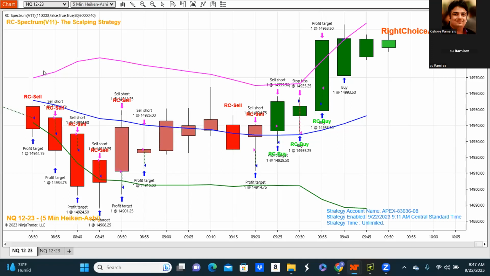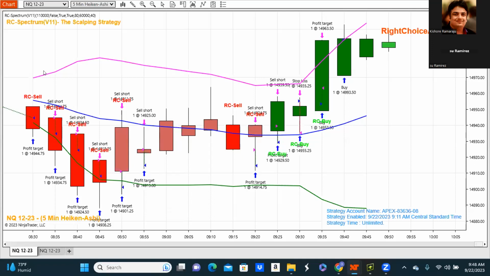So for these algos to work, you need to have a dedicated laptop, you need to have internet connection, and either you need to have a NinjaTrader personal account or you need to have a NinjaTrader account through Apex. Apex will give you a simulated license or simulation account license. They will give you the real-time data, everything, but you need to pay a monthly fee to Apex for that.